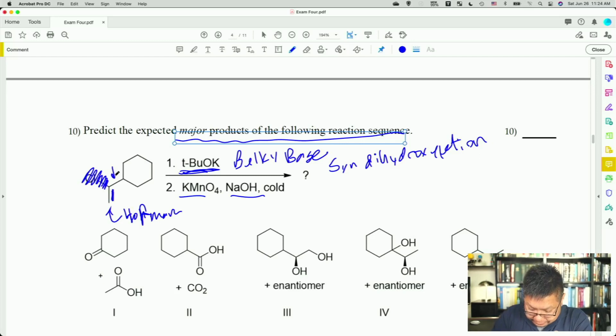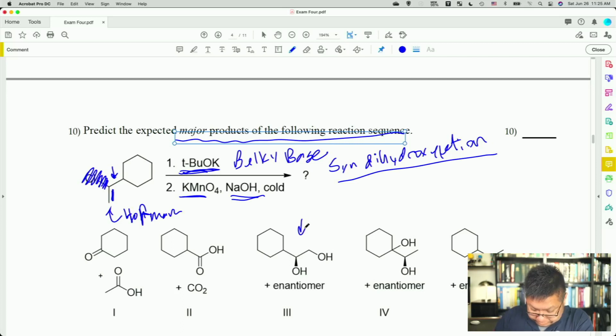During the elimination. And then after your elimination happened, you have the potassium permanganate there, which means that's a syn dihydroxylation using potassium permanganate. And the only one here that even looks like that is this one right here.